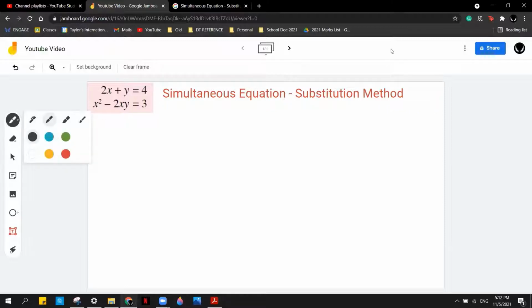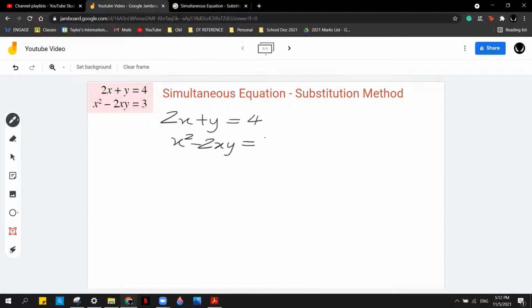Okay, so first of all, let's look at the equations. We have 2x plus y equals 4 and x squared minus 2xy equals 3. To make our discussion easier, I'm going to label these as equation 1 and equation 2. Let's look at which equation is the simplest.